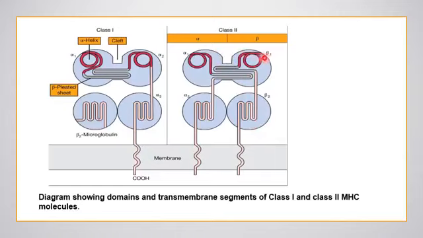And also the alpha 1 and beta 1 domains form the antigen binding pocket. It presents extracellular or exogenous antigen, such as bacteria, and they are broken down, and the peptide fragments are presented on the surface of the peptide groove.